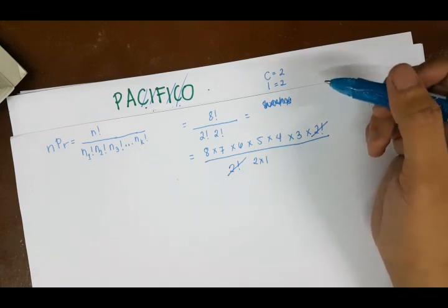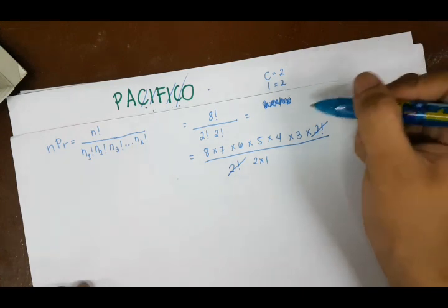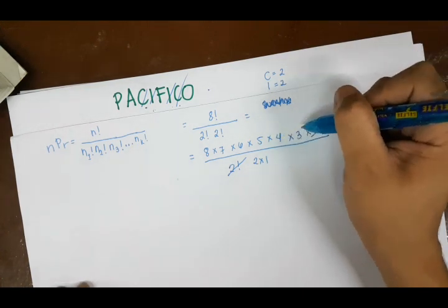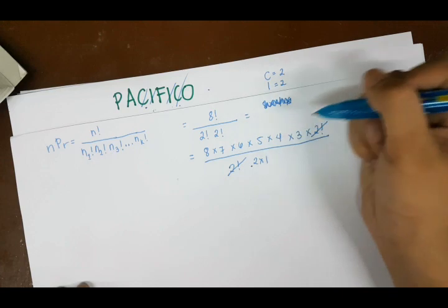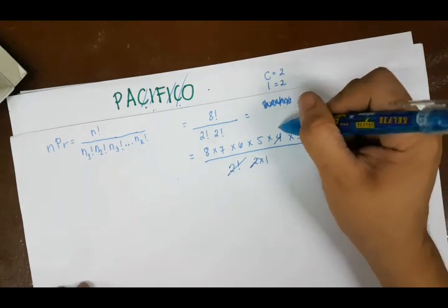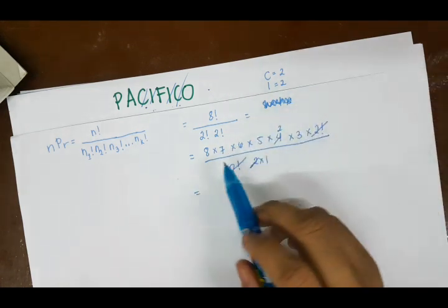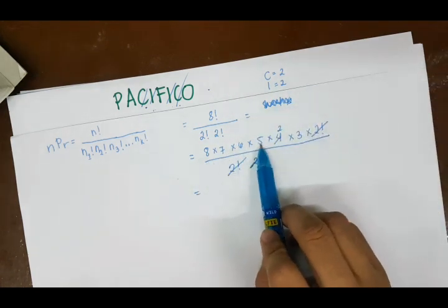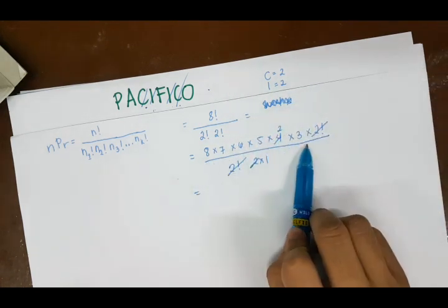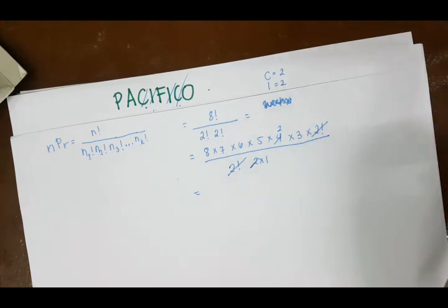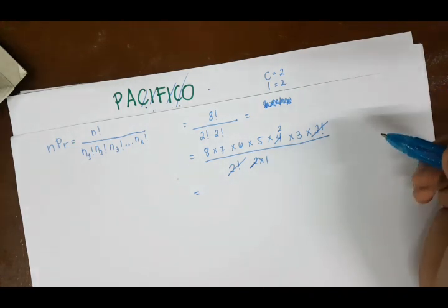simplify the numbers here. So we all know that 4 divided by 2 is just 2. So we can simplify this. Okay, let's multiply. So we are left with 8 times 7 times 6 times 5 times 2 times 3, all over 1, but it's just a whole number.